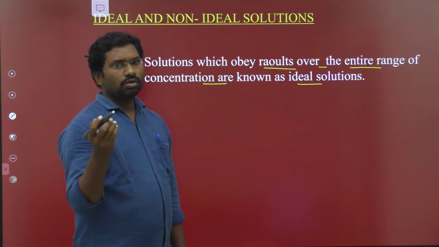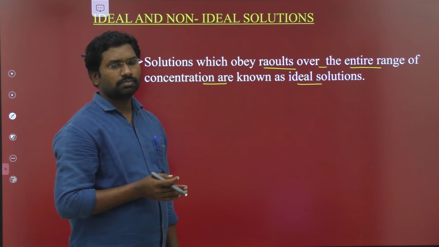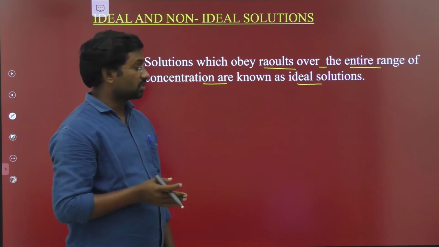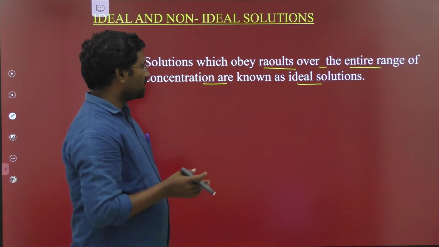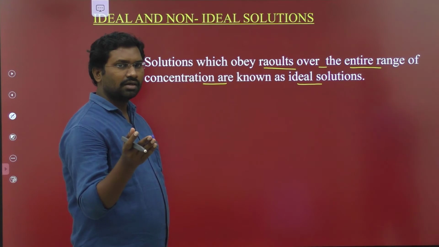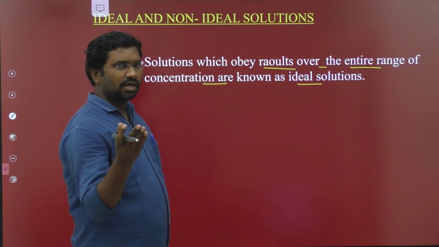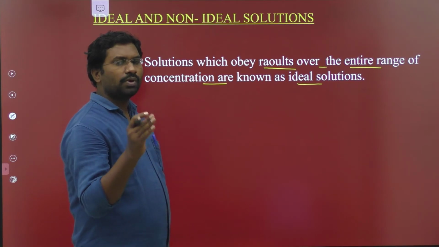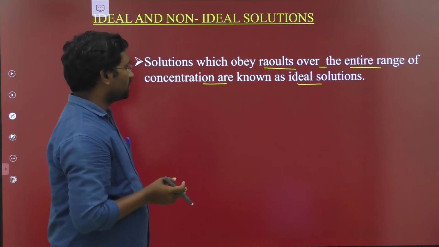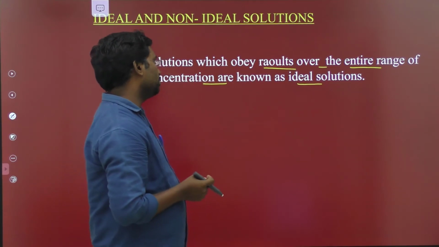As I mentioned earlier, there is no ideal solution in the universe, but in some drastic conditions the solutions can act with ideal behavior, like some gases have ideal character. Really there are no ideal gases. Similarly here also, there is no particular ideal solution, but in some drastic conditions the given solutions can act with ideal behavior.